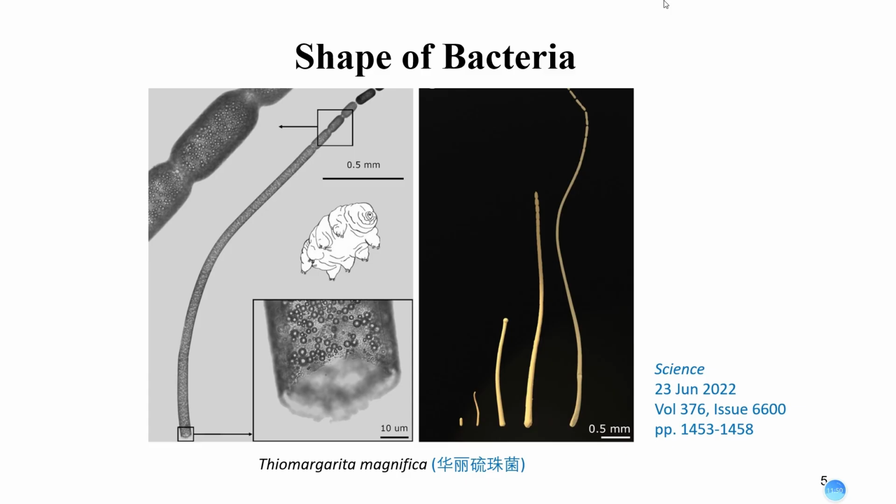So that you can actually see it, and it might carry multiple copies of their DNA. But for some reason, they fail to divide into small cells, so they can be very long to form this thread-like structure. This is a newly discovered bacteria.